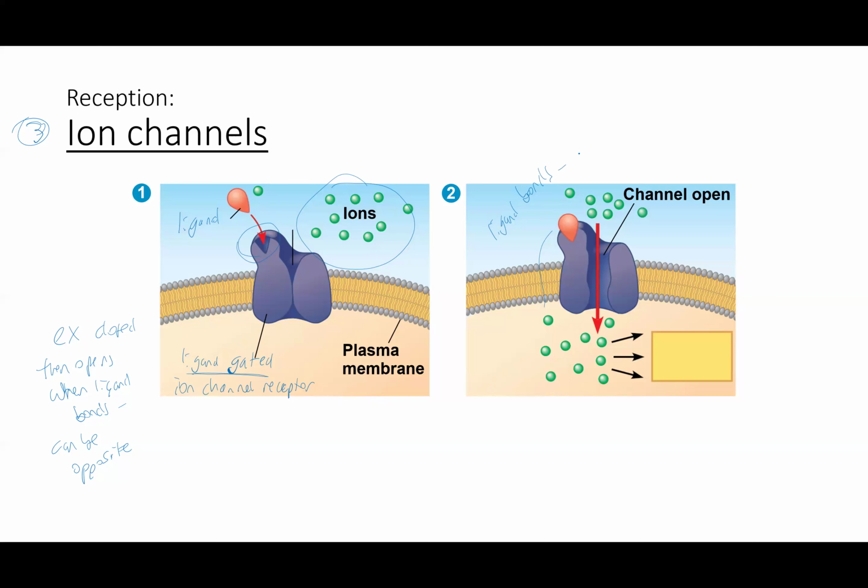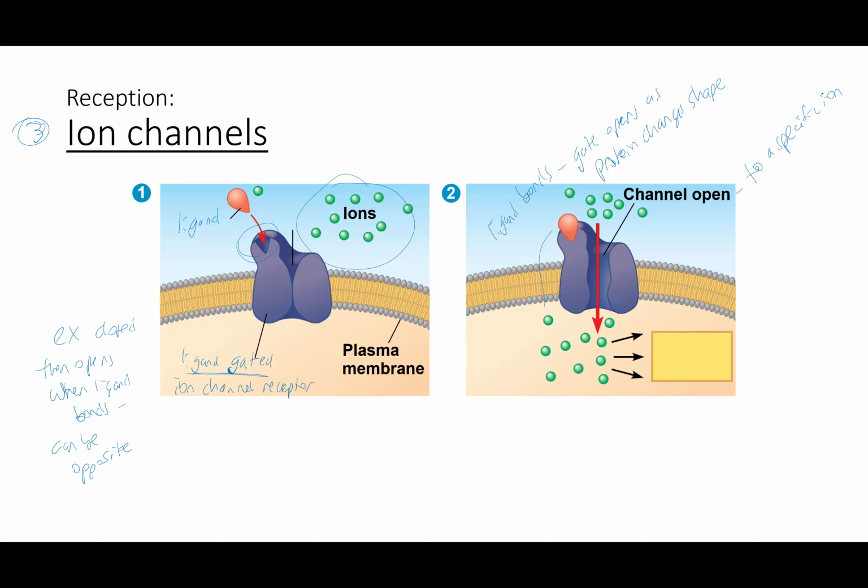So this channel changes shape so it can be open. And it's going to be open to a specific ion only. So it's not going to open to every ion that's out there in the extracellular fluid. It's specific to one kind of ion.